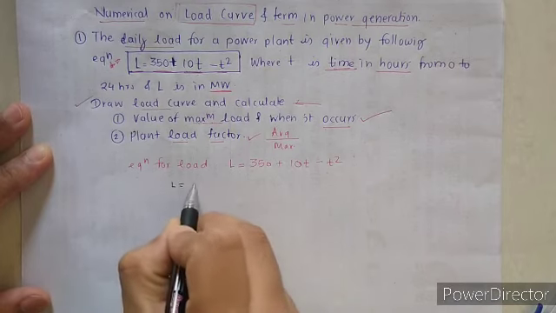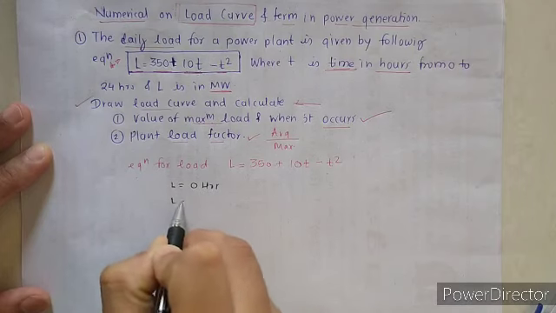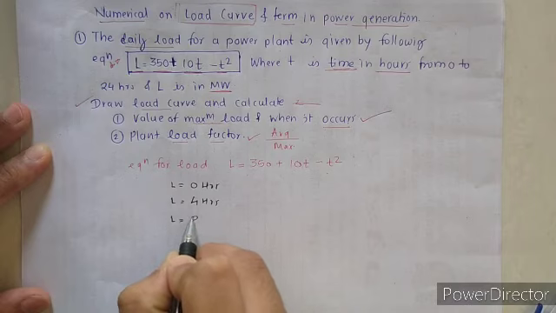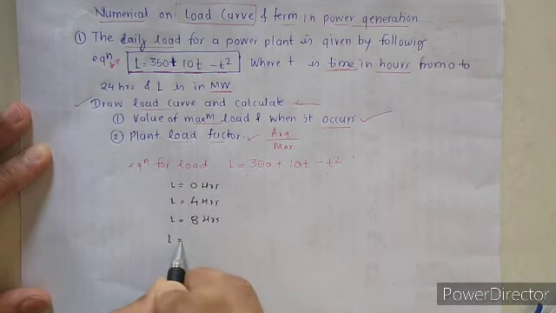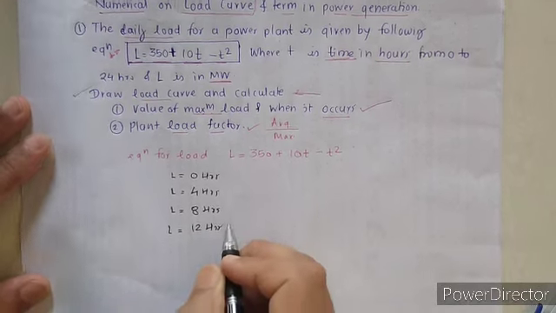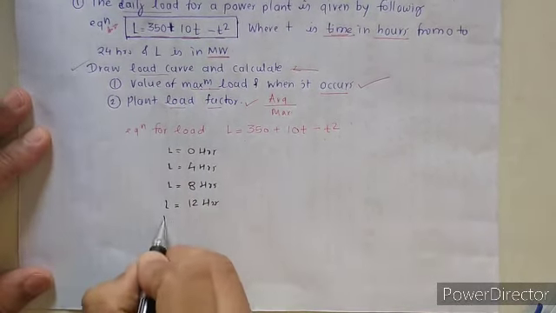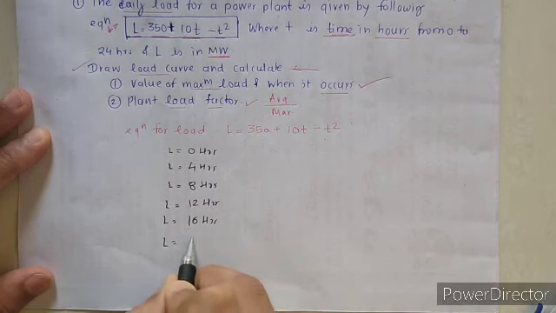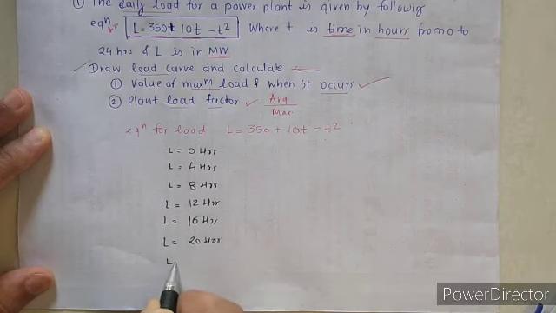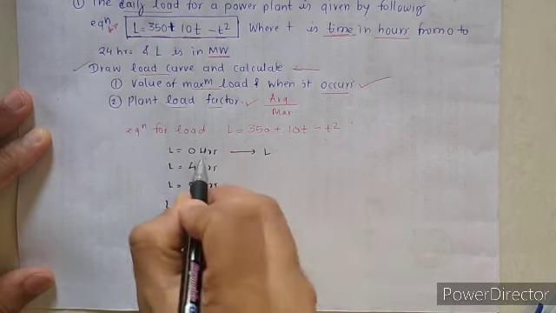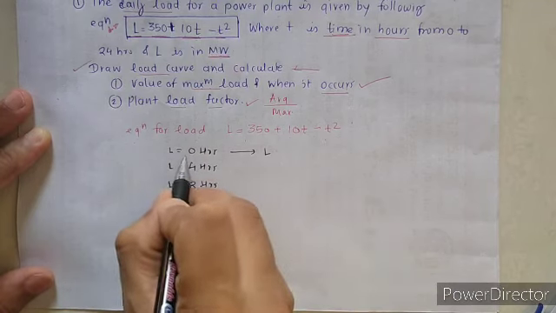Let's say L at 0 hours, L at 4 hours, load at 8 hours, L at 12 hours, load at 16 hours, load at 20 hours, and load at 24 hours. Now calculate the respective load at these times.